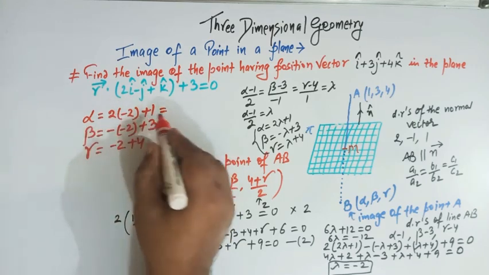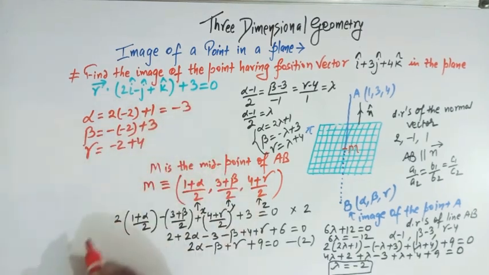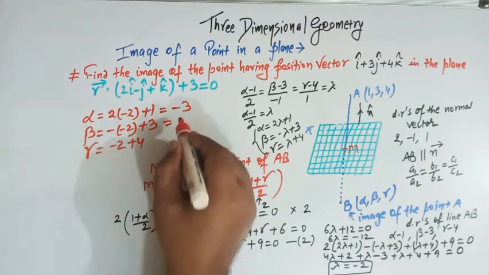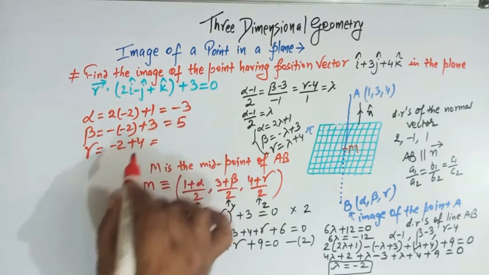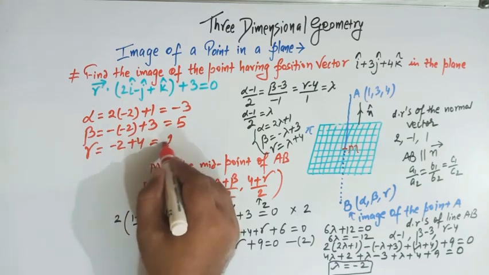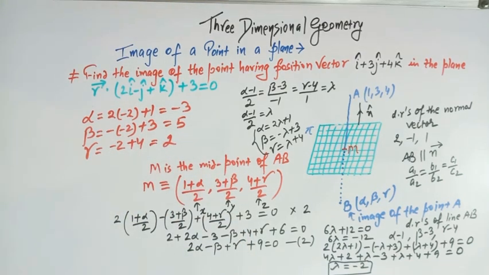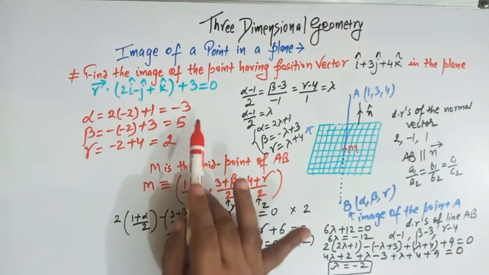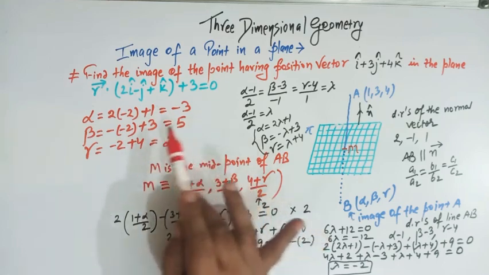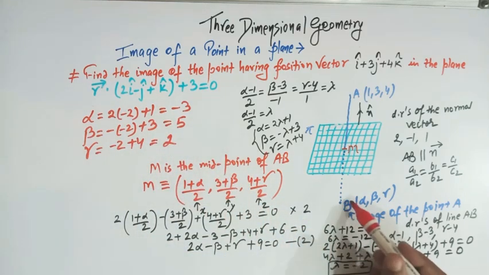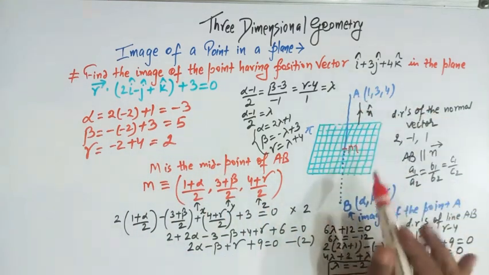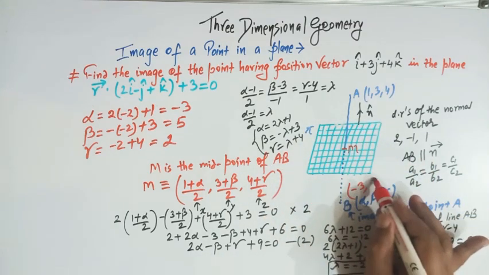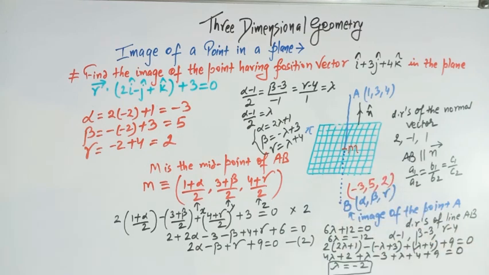So this is minus 4 plus 1, that is minus 3, and this is minus minus plus, so this is 3 plus 2, 5, and here we have 4 minus 2, that is equal to 2. So therefore the values of alpha, beta and gamma are calculated like this, and the image of this point A under this plane is given by (minus 3, 5, 2), right?